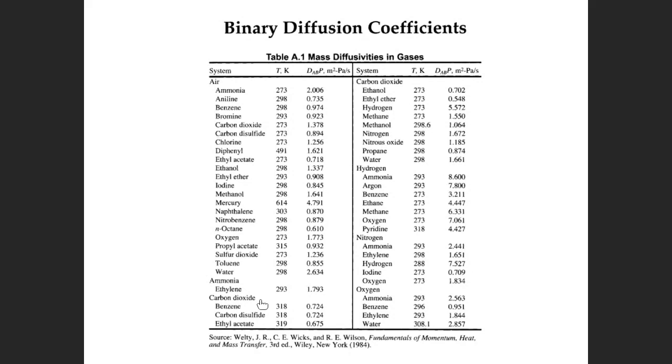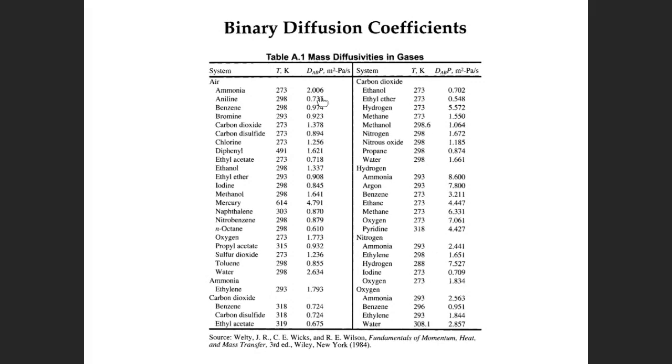You also have other systems: ammonia, ethylene, carbon dioxide benzene, carbon dioxide ethanol, hydrogen ammonia, nitrogen ammonia, oxygen ammonia, and the temperatures are given to you because we said the temperature is important. It influences the value of the diffusivity.